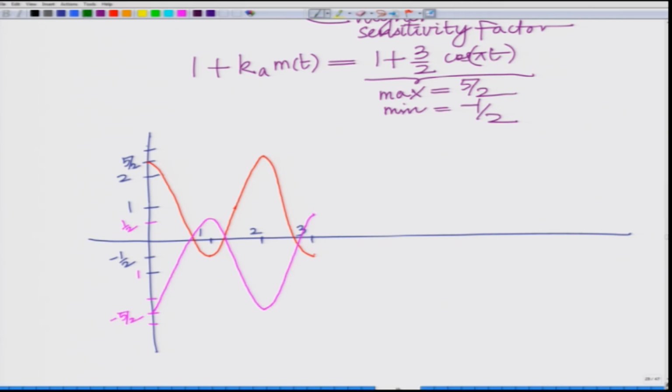So this is basically your envelope, and now if I draw again the carrier which is modulated by this message signal, I have something like this.